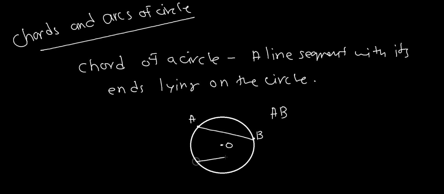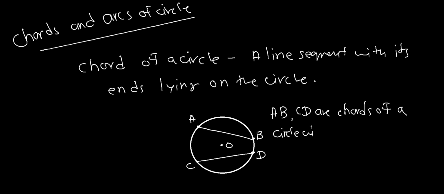We can show another way also, like these 2 points C, D. So A, B, C, D, AB and CD are chords of a circle with center O.